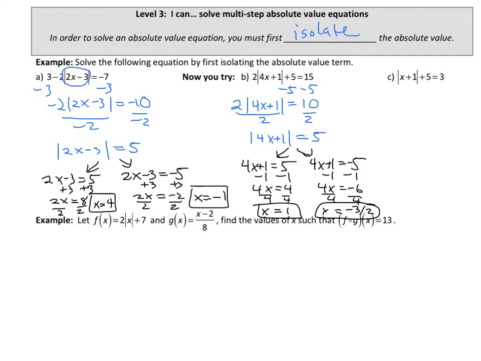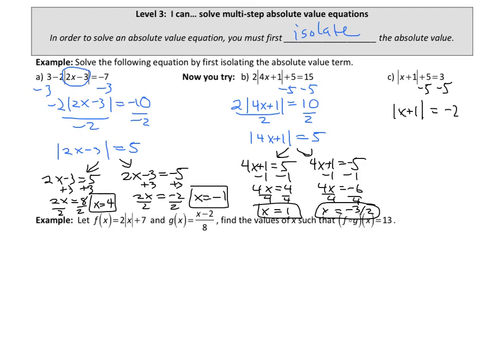Now one final example. I'm going to subtract 5 from both sides to get the absolute value by itself first, and I get the absolute value of x plus 1 equals negative 2.